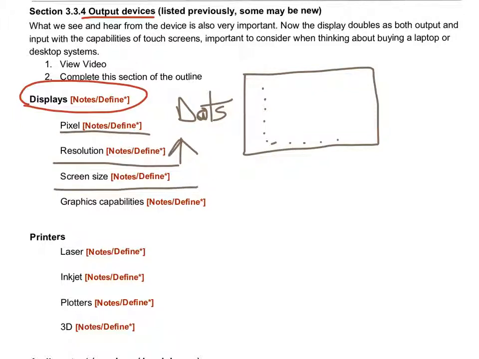Screen size is typically measured diagonally. And then what kind of graphics capabilities. If you're doing a certain type of work, there might be certain things that would tie the display to the graphics card and so forth. So this is what you would look at for displays.